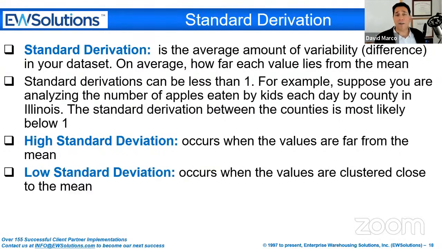So it's like the average of whatever it is we're trying to measure. Standard deviations can be less than one. So imagine you're analyzing the number of apples eaten by kids each day by county in the state of Illinois. The standard deviation between the counties will most likely be below one.